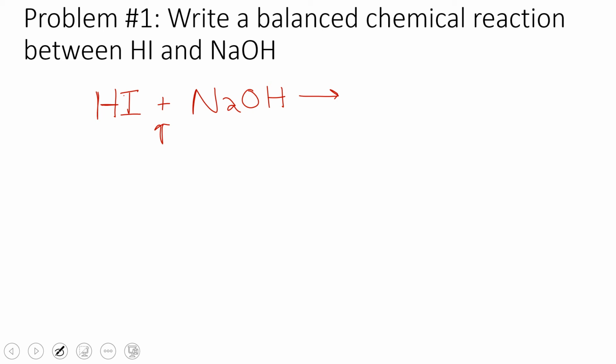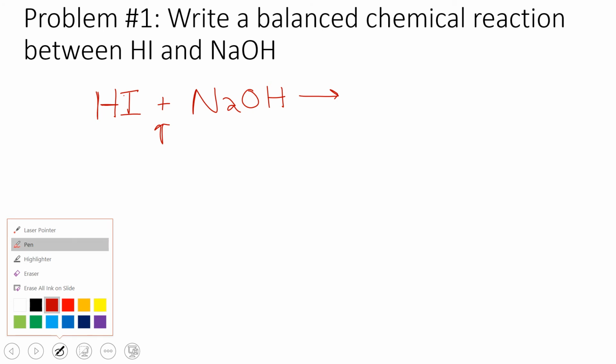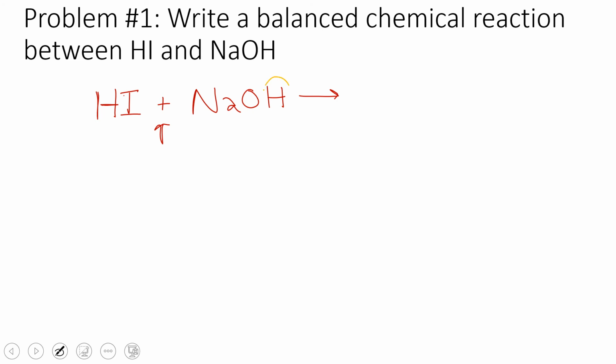So we know that we're going to make a salt, which is going to be 2 ions, and we're going to make water. So the first thing that I like to do is figure out where I'm getting my water molecules from, right? Because I know water is H2O, right? So if I'm going to change my pen color to orange, I've got 1 H, 2 H, 1 O, right?